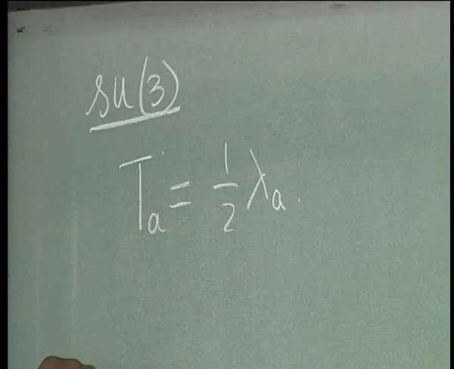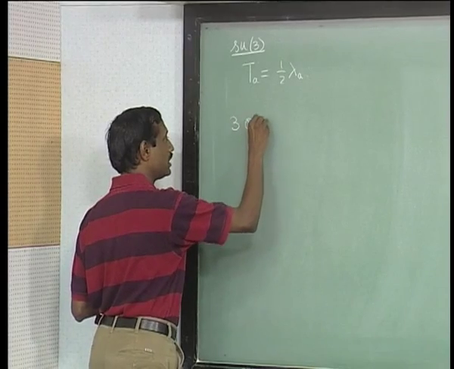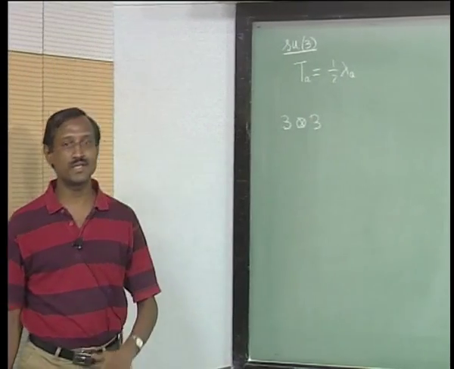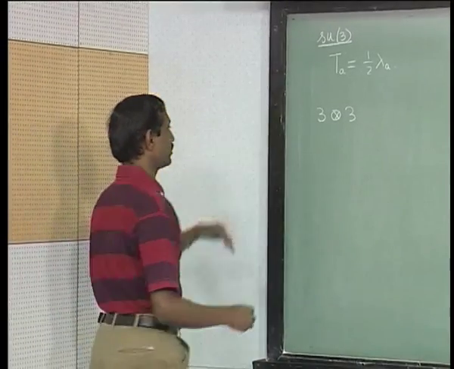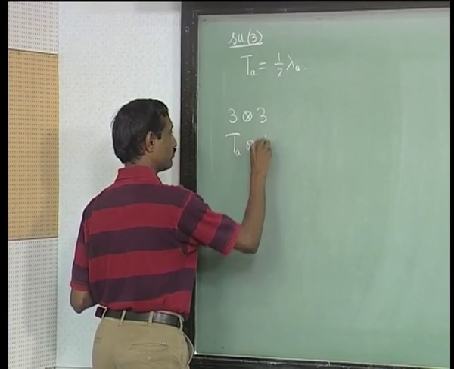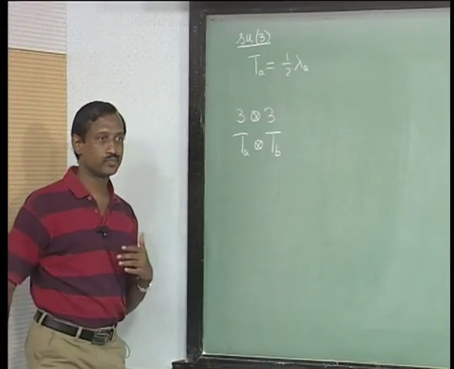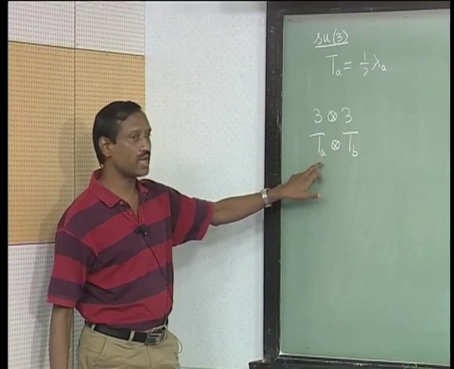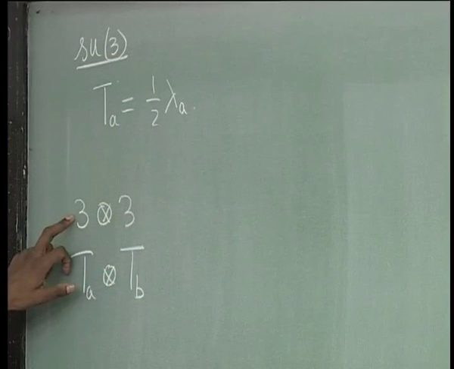The analog of 3 tensor 3 can be realized by just taking the tensor product of these matrices T^A tensor T^A. So this will be a 9 by 9 matrix, because these are all 3 by 3 matrices.